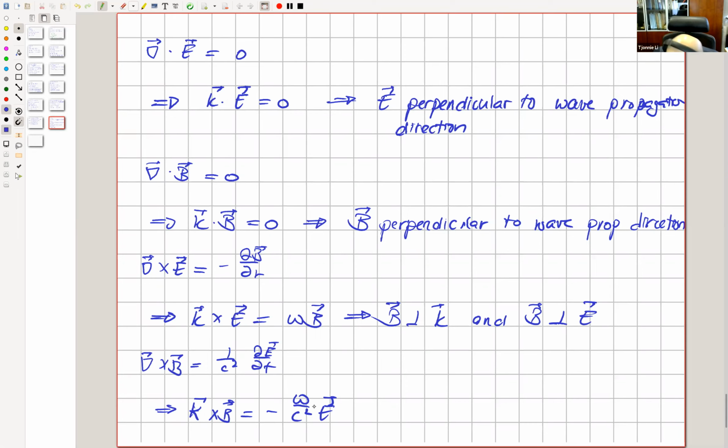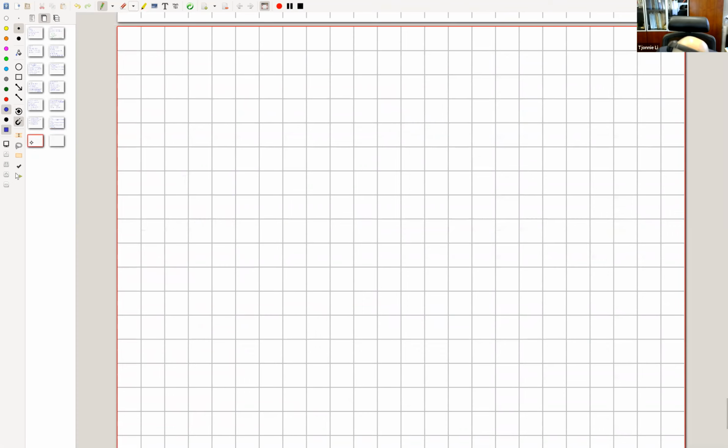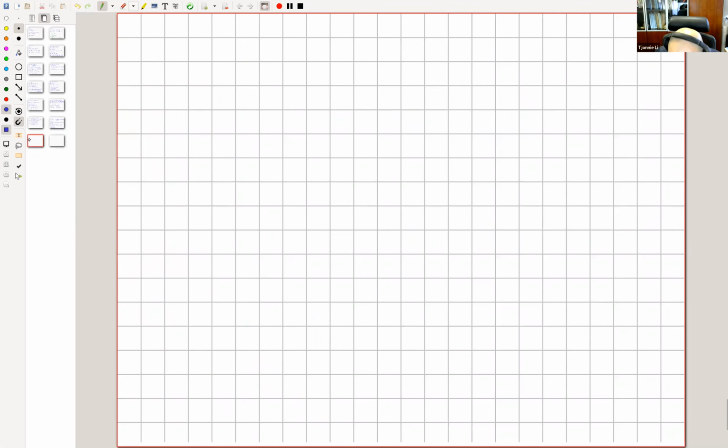Recall that we have k cross E. But now if I do E dot this, this must be equal to 0 because the resultant of k cross E must be perpendicular to E. And so if I just do E dot here, I must get something that equals 0.